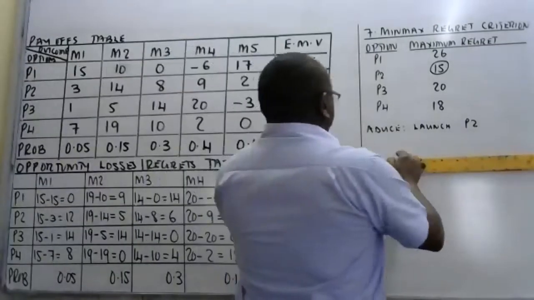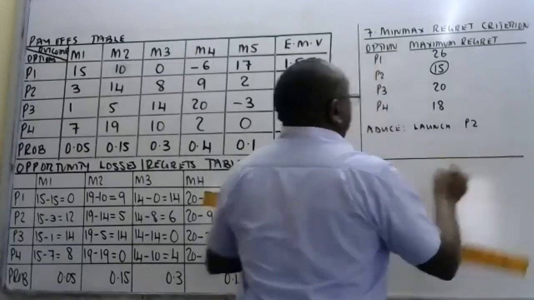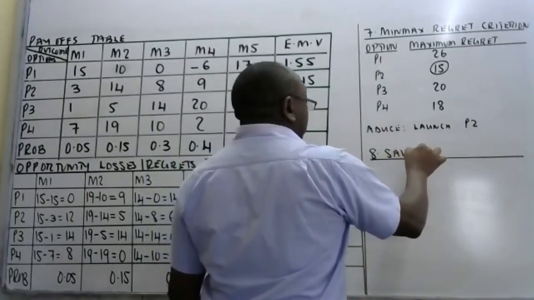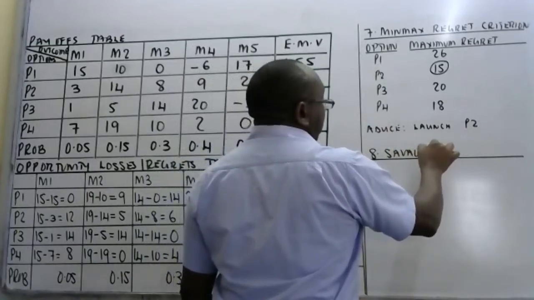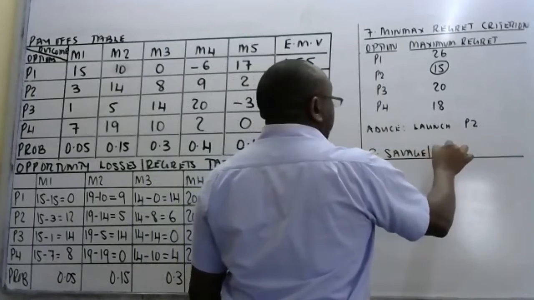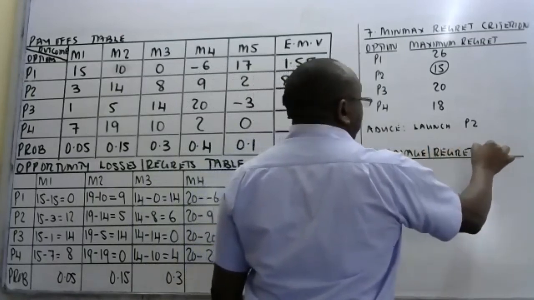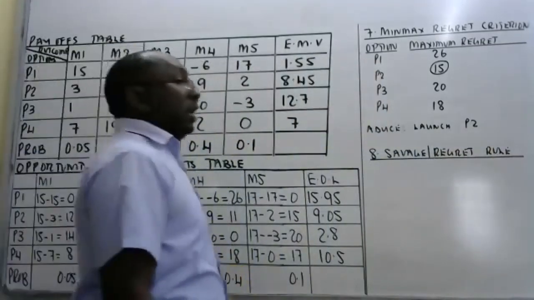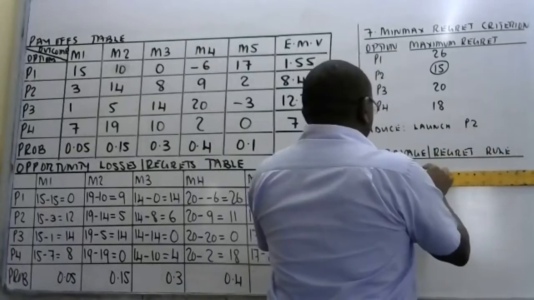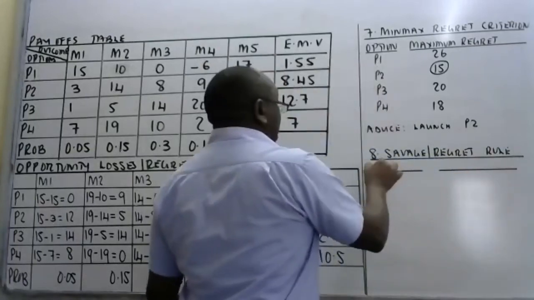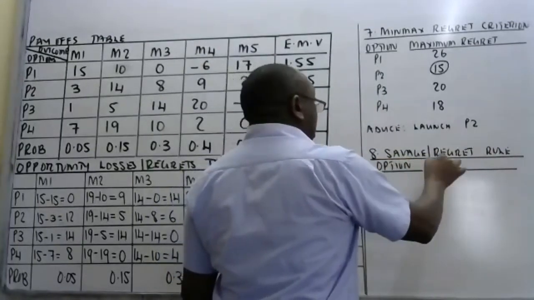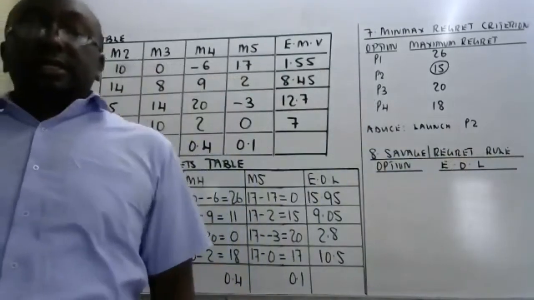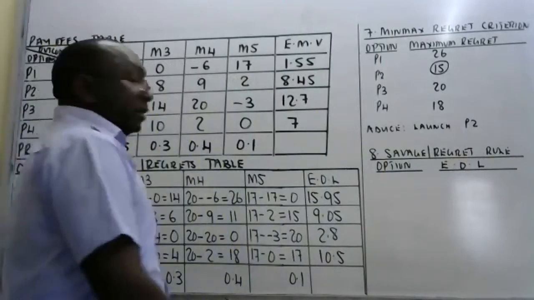Rule number 8 is called Savage. Some people also call it the regret rule. So this one, you again get the option, and then you have to compute the expected opportunity losses, which we already have done.